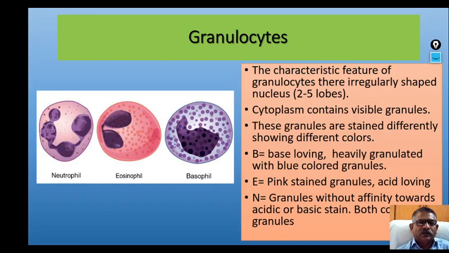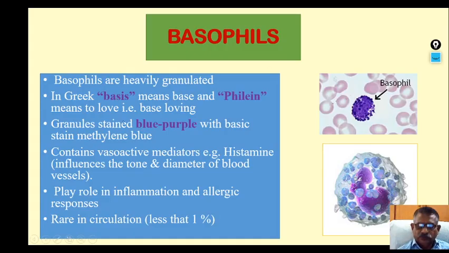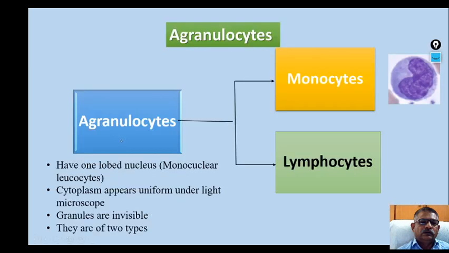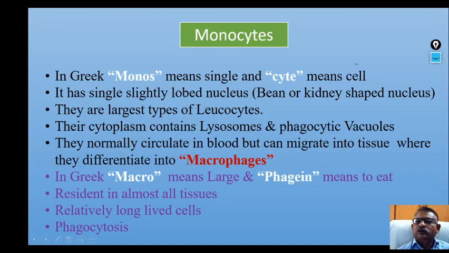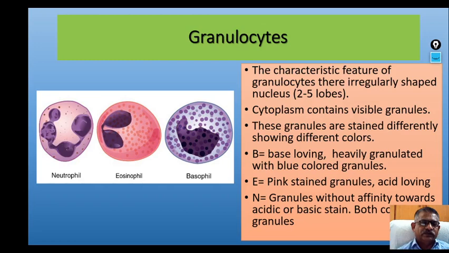In neutrophils there are 3 to 5 lobes, and in the case of basophils and eosinophils, these are bilobed.